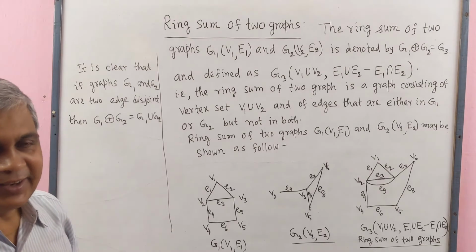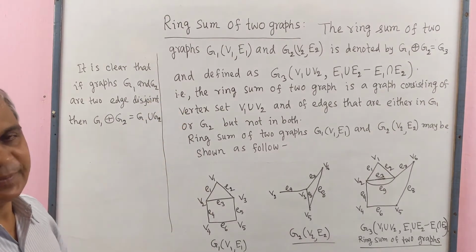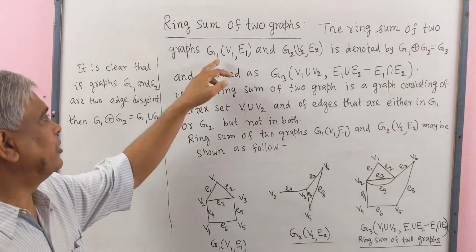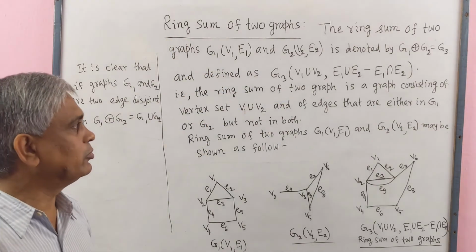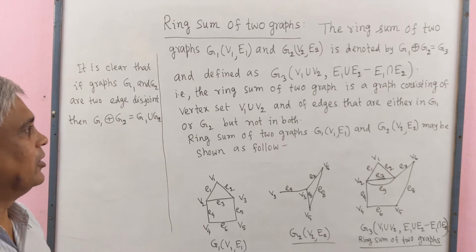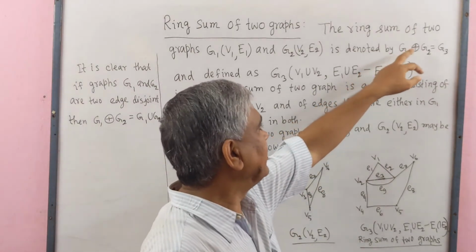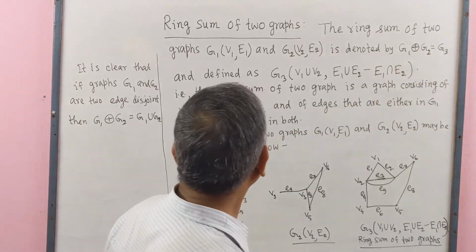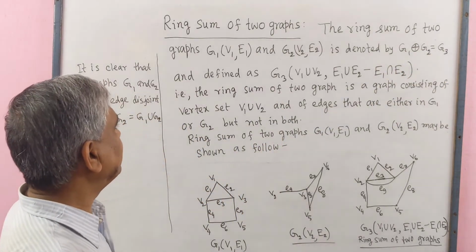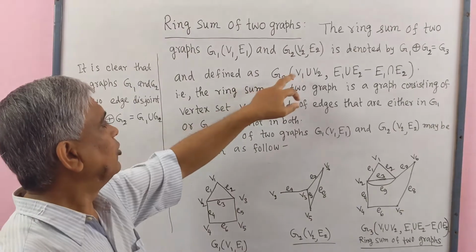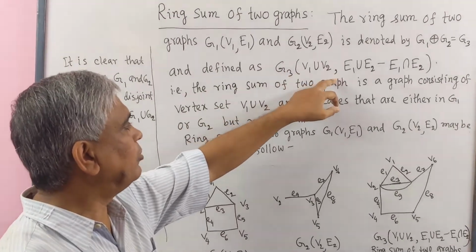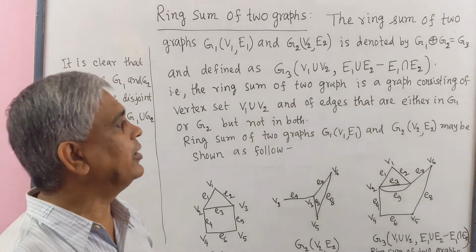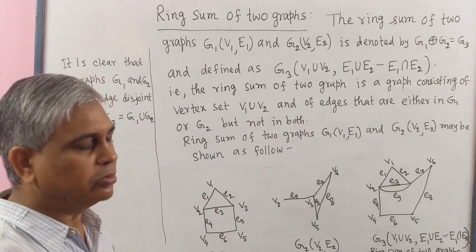Now we define ring sum of two graphs. The ring sum of two graphs G1 (V1, E1) and G2 (V2, E2) is denoted by G1 ring sum G2 equal to G3 and defined as G3 equals V1 union V2, comma, E1 union E2 minus E1 intersect E2.